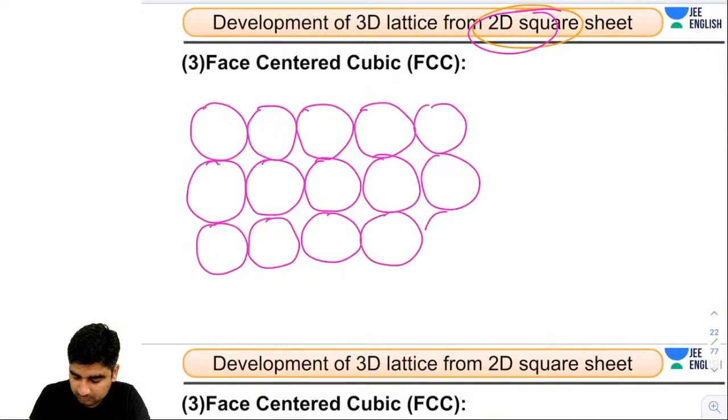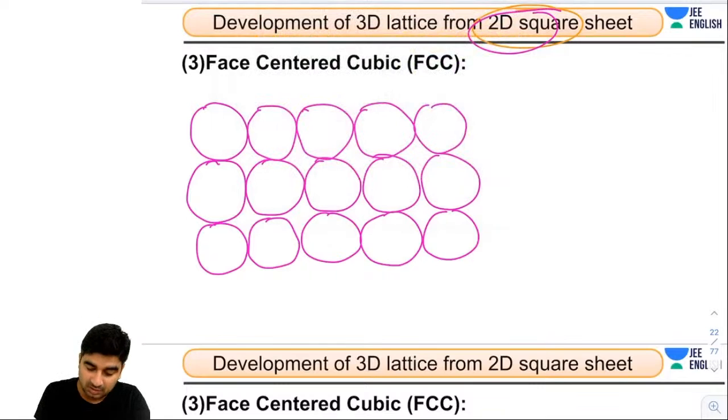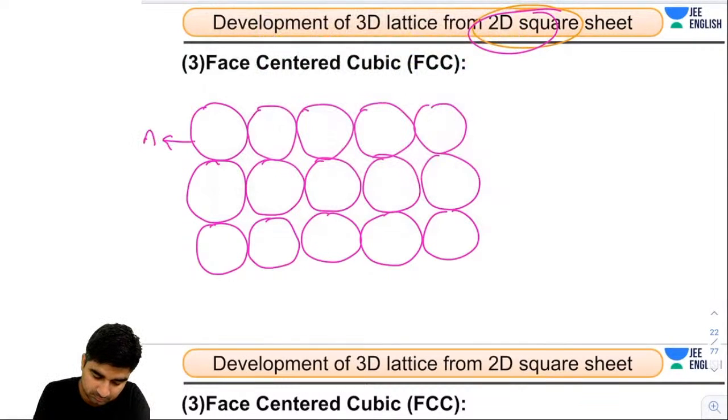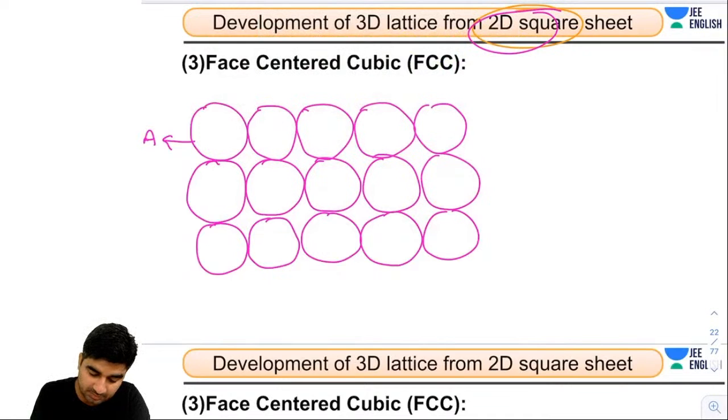Yes, this is a square sheet. This is layer A, and now this is layer B.